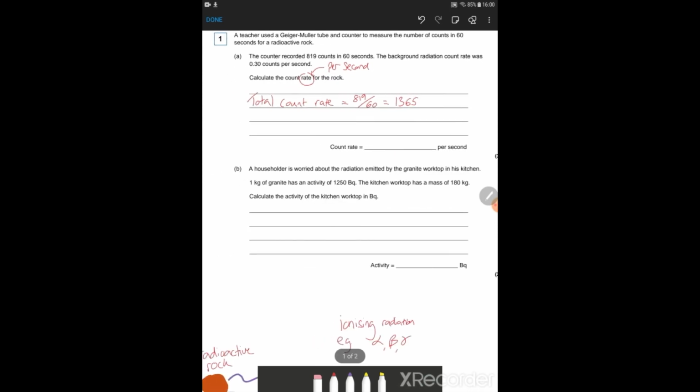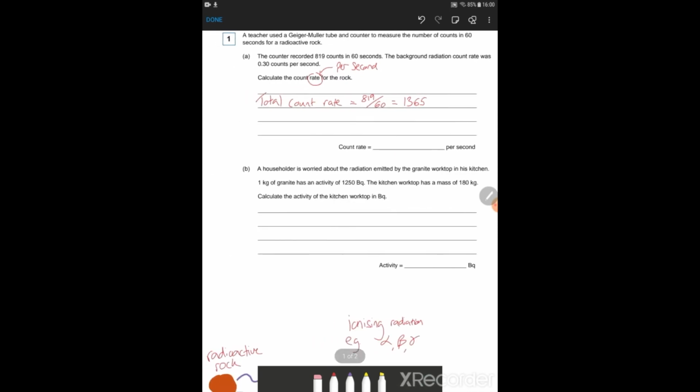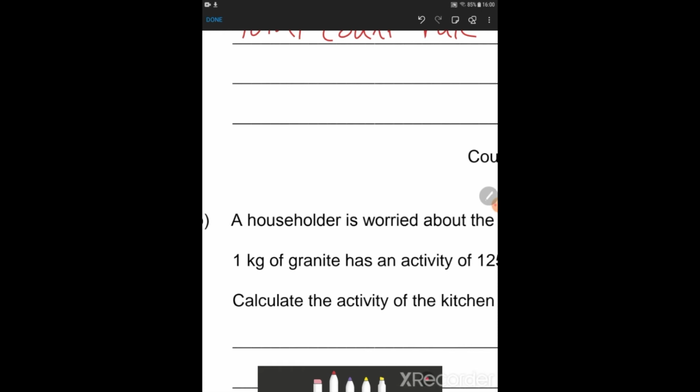Now to get the count rate from the rock, which is stated in the question, calculate the count rate for the rock. Yeah, what we need to do is, so count rate for rock, we need to do the total minus the background of, let's say, radioactive rock.